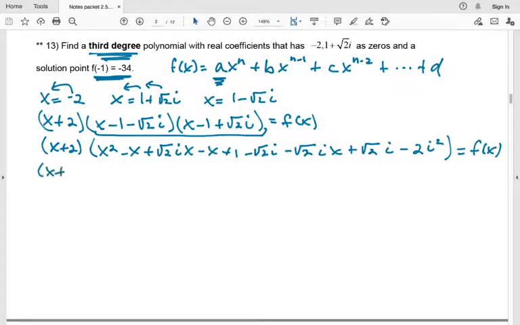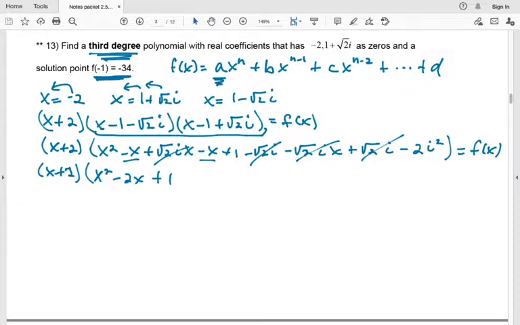So we've got x plus 2. Let's do some simplifying. We just have this x squared. We've got a -x here and a -x here, so those combine to be a -2x. This square root of 2i x will cancel out with this one, so that's gone. These two should cancel. Again, when you multiply conjugates, all the imaginaries should cancel out.